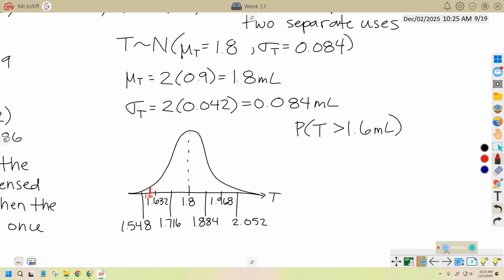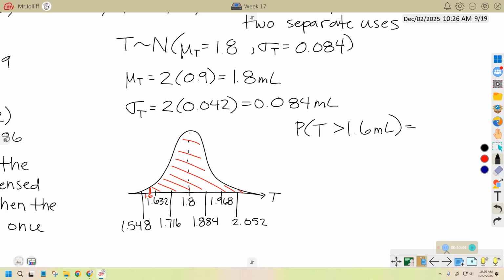Which way do I shade? To the right. Very good, because it's a greater than. I need at least that amount. More is great. Big number or small number is my answer? Big, very big. Pretty close to 1, because I'm way out here past the second standard deviation, and I go all the way to the right. So big, very good.